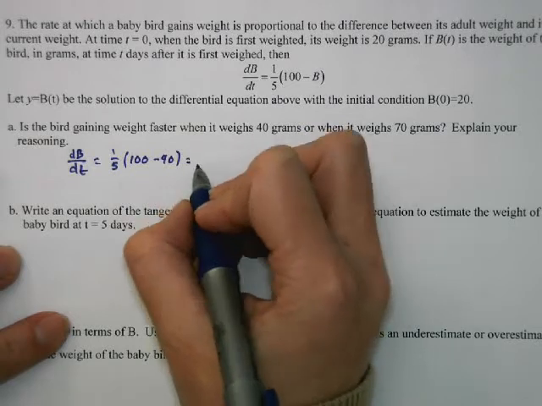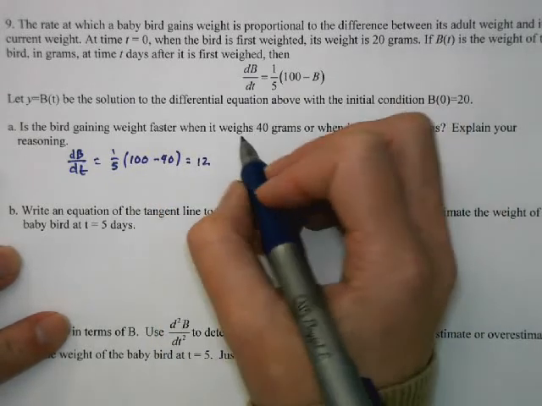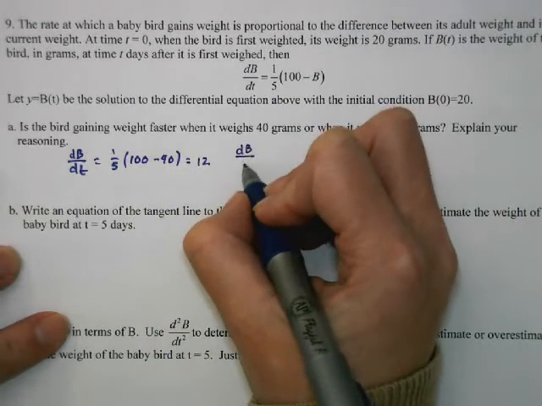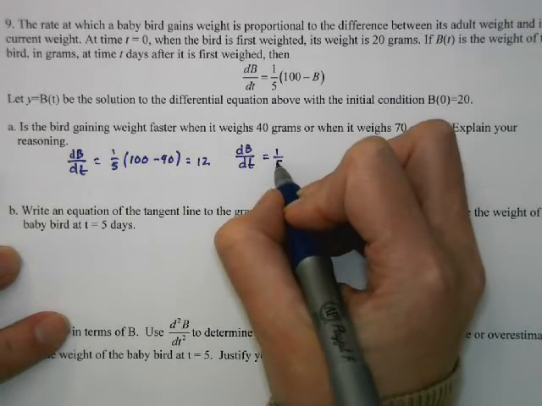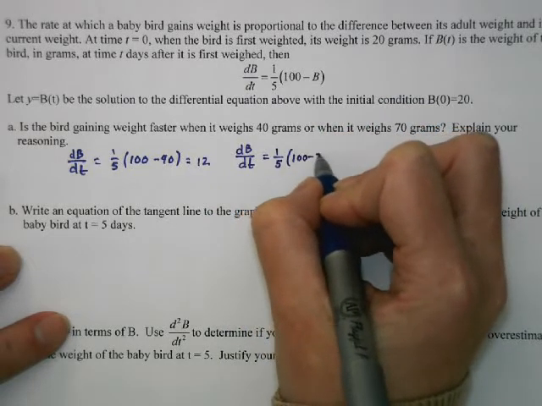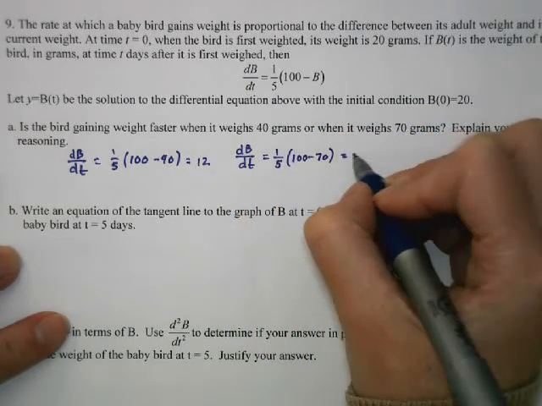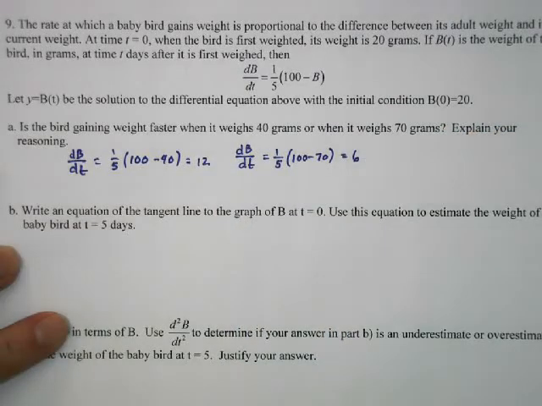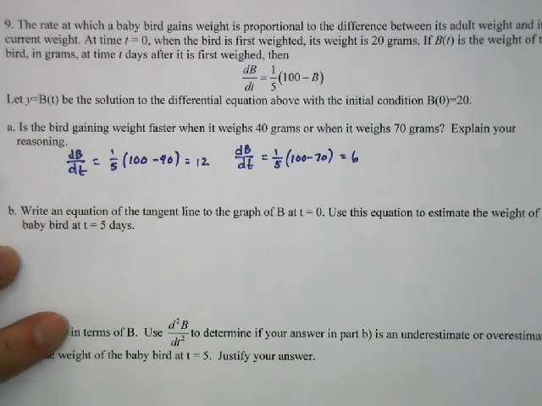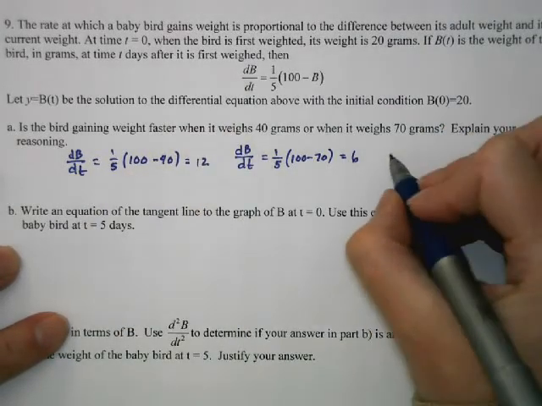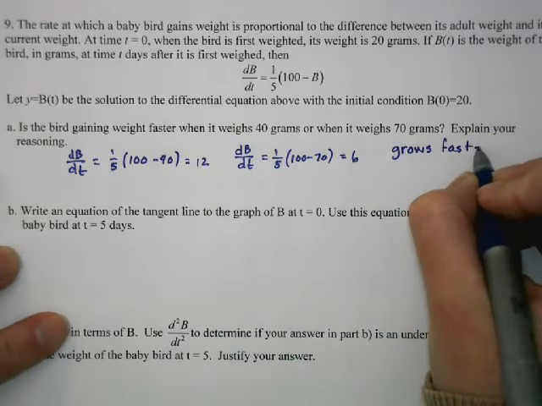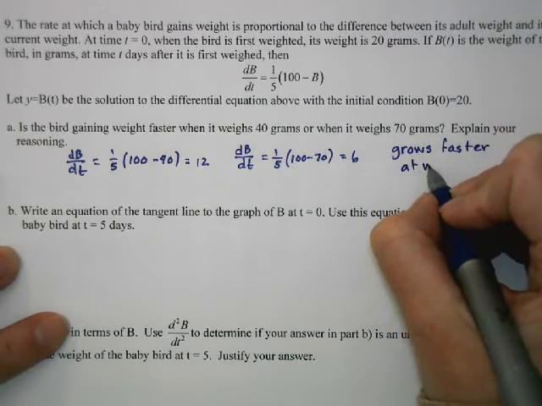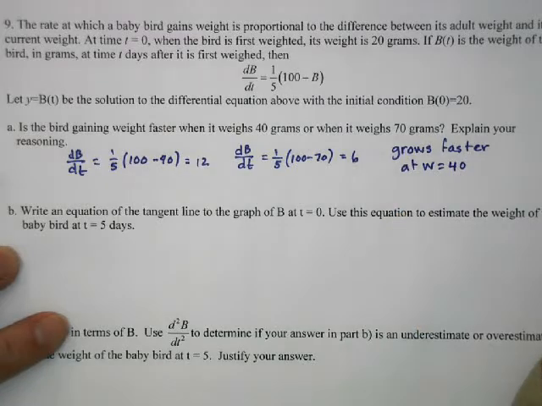And then if we evaluate this at 70, that's going to be 1/5 of 30, which is 6. Okay, so the bigger one is 40. So it's growing faster at b equals 40. Which makes sense. You grow fast initially and then it slows off.